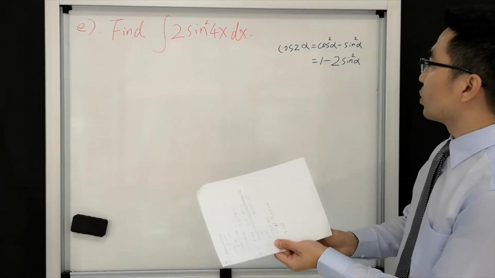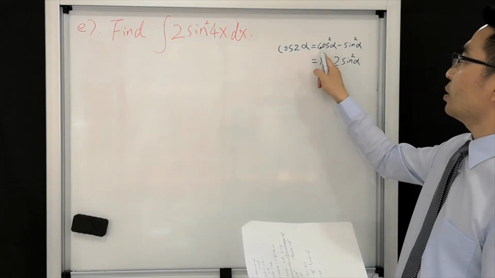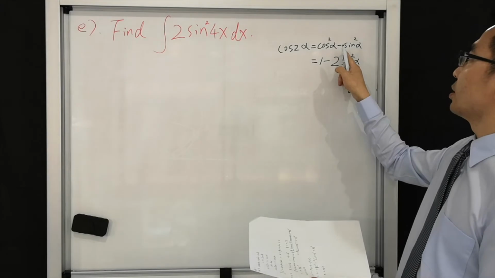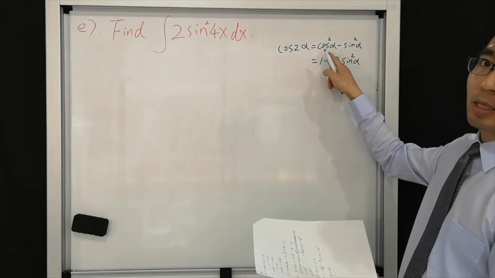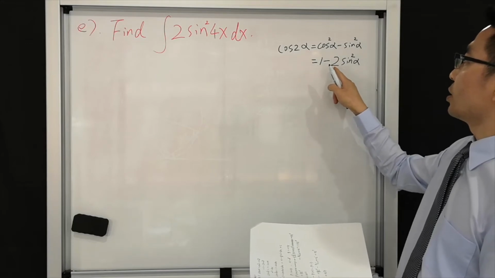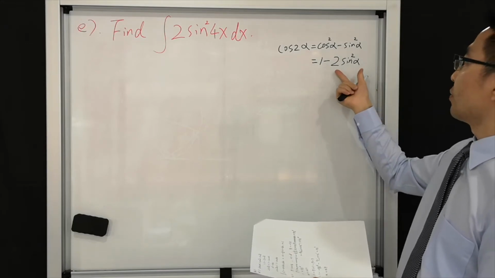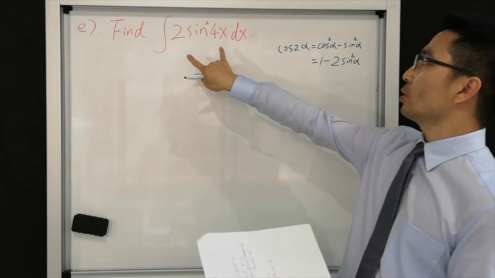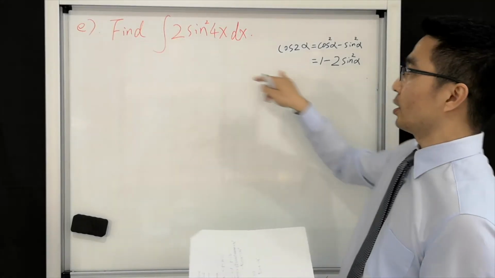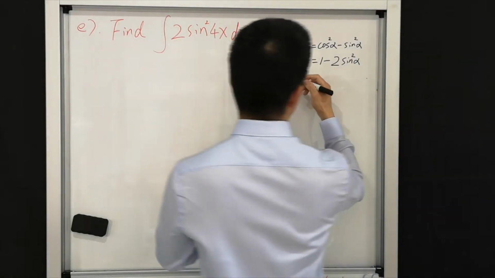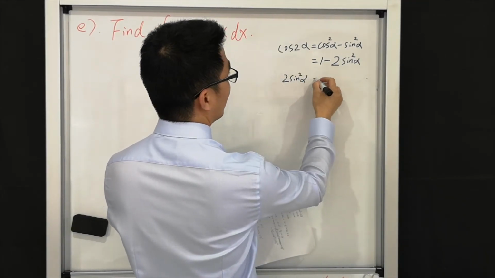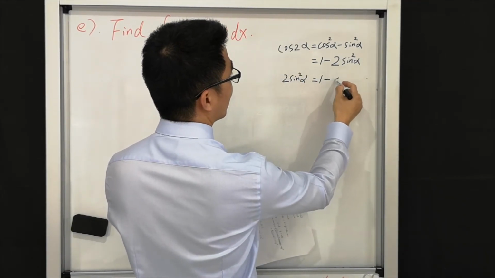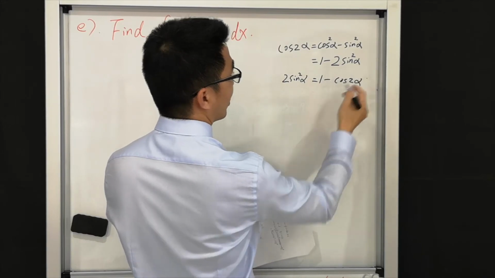We have cos 2 alpha equal to cos alpha square minus sine alpha square, which means we change this into 1 minus sine alpha square, so we have 1 minus 2 sine alpha square. Compared to this one, it's almost the same, so we have 2 sine alpha square equal to 1 minus cos 2 alpha.